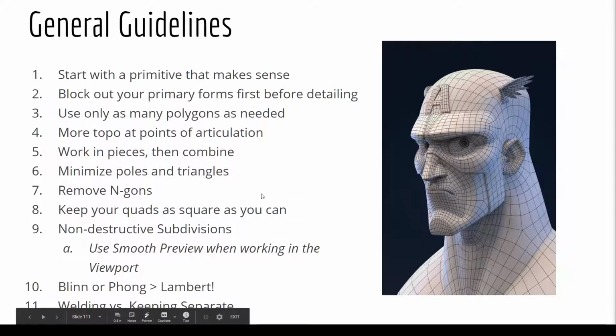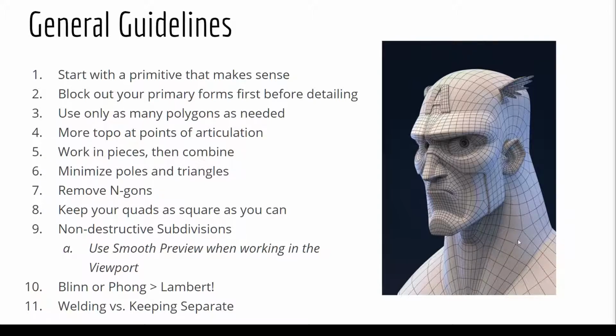Keep your quads as square as possible. This is something I don't have a really good example brought up for, but generally speaking, if your 4-sided polygons are more or less square in shape and size, you're going to get as little distortion on your surface as possible. Once you start getting really long or really rectangular polygons, you start to get sharper edges.